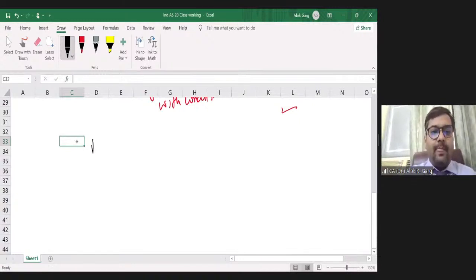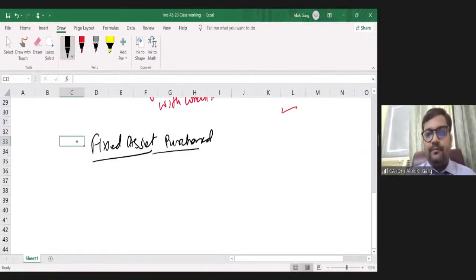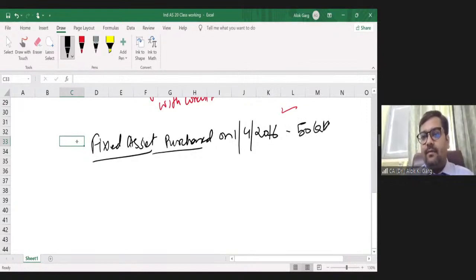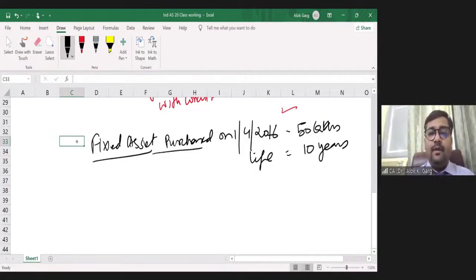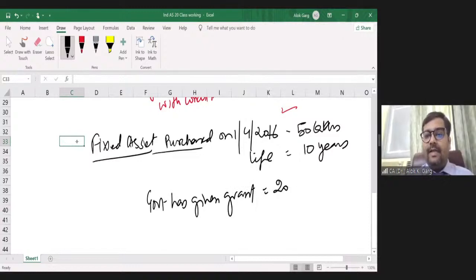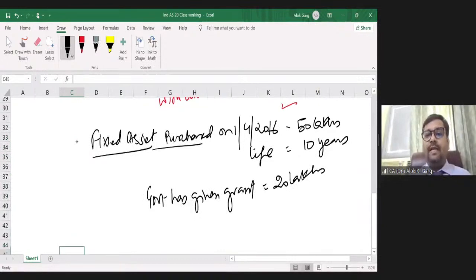Okay, for example, there is a fixed asset purchased on first April 2016 for 50 lakhs, and life is let's say 10 years, and the government has given a grant of 20 lakhs.